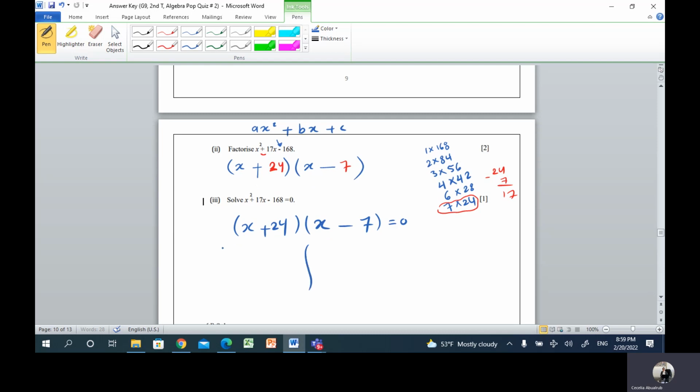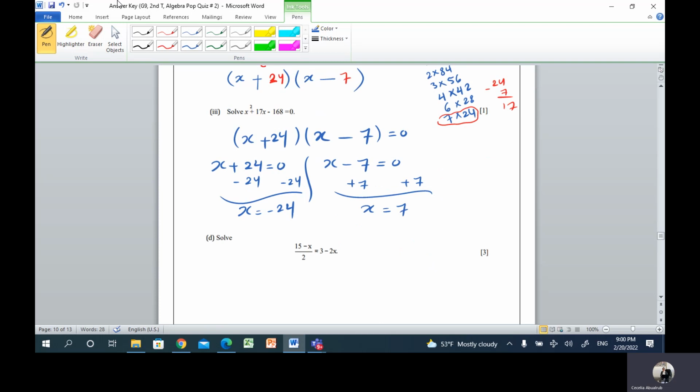So we're going to split here, and we're going to take the first bracket equals to 0, and then the second bracket equals to 0. And let's solve. Minus 24 on this side, minus 24 on this side. So x is equal to negative 24, and plus 7 on this side, plus 7 on this side. So x is equal to 7.